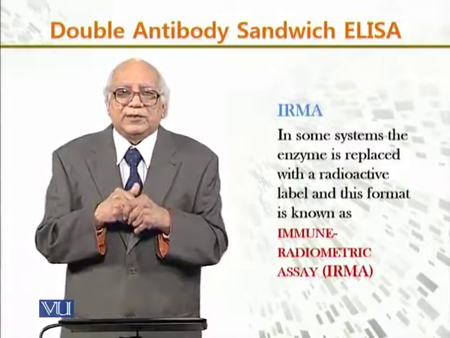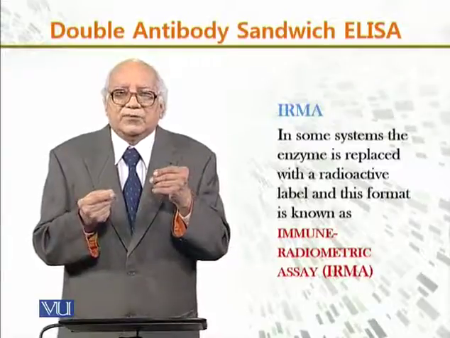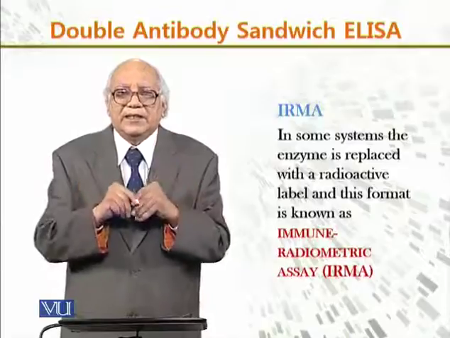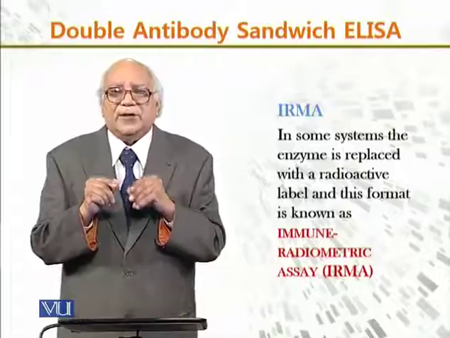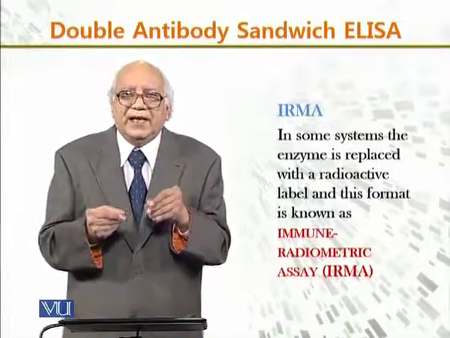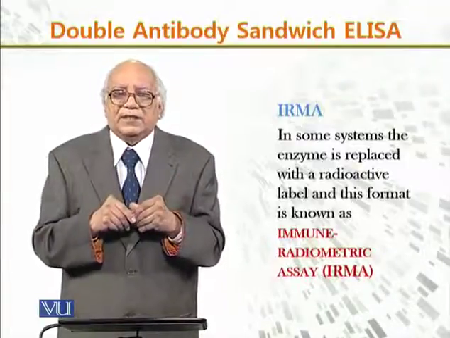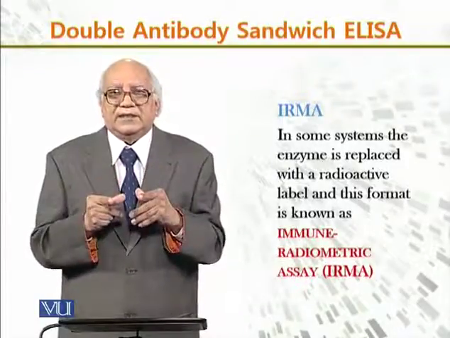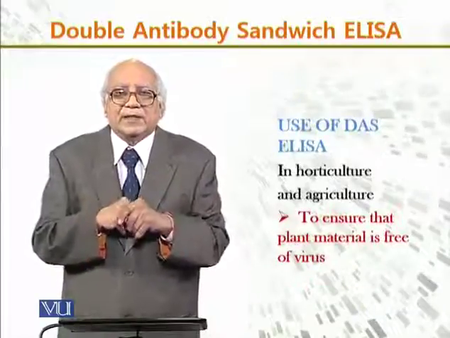So we can replace the enzyme with a radioactivity label, and this format is also very precise and is known as IRMA, which stands for immune radiometric assay method, and it is very, very precise.